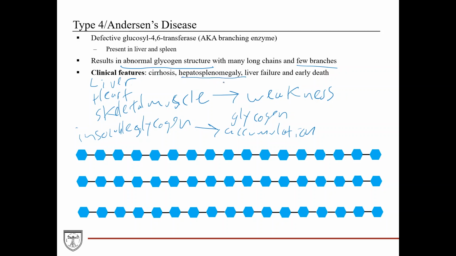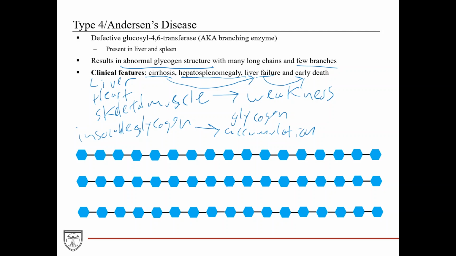And then eventually that's going to disrupt liver function to the point of leading to cirrhosis. And then eventually that's going to progress to liver failure and, unfortunately, progress to early death. Patients can also develop cardiomyopathy, but what's more commonly the unfortunate fate here is cirrhosis and then liver failure and early death.